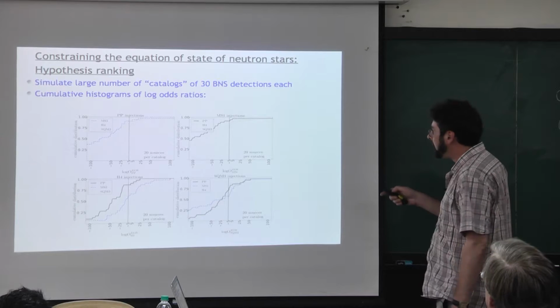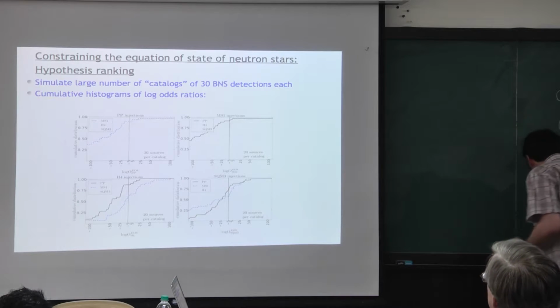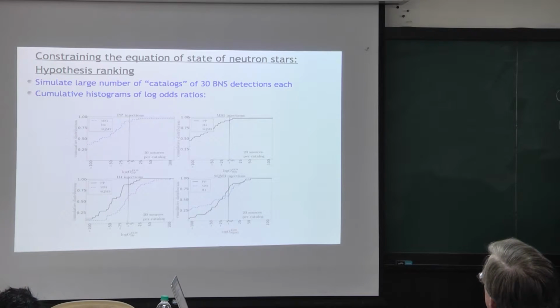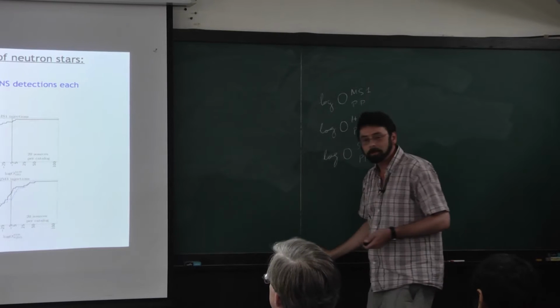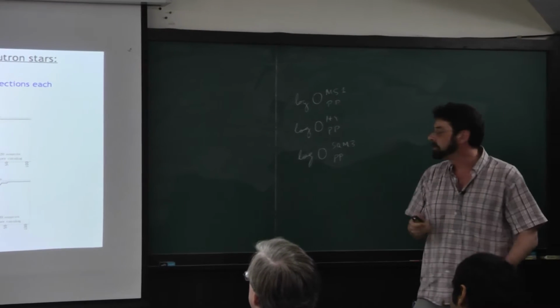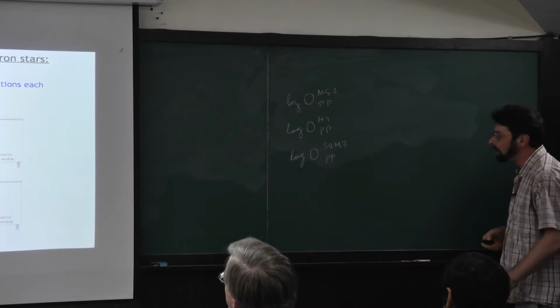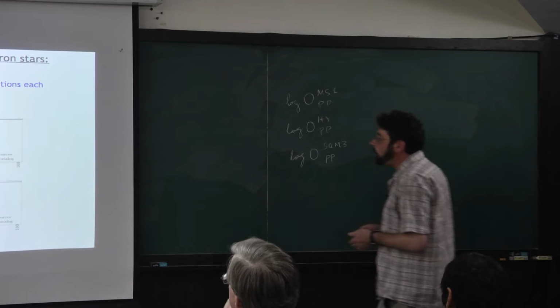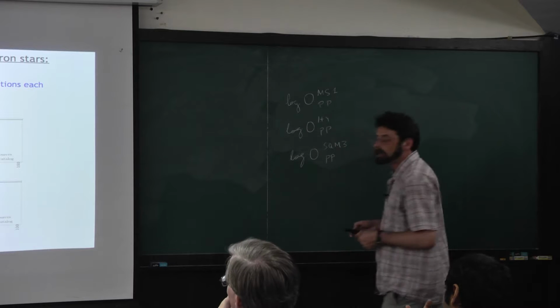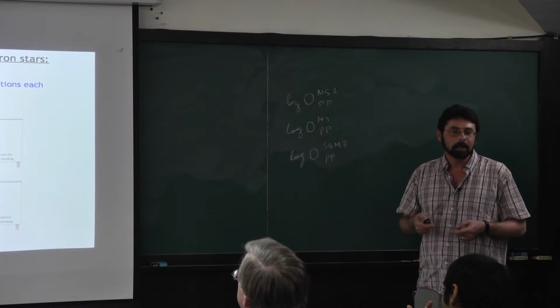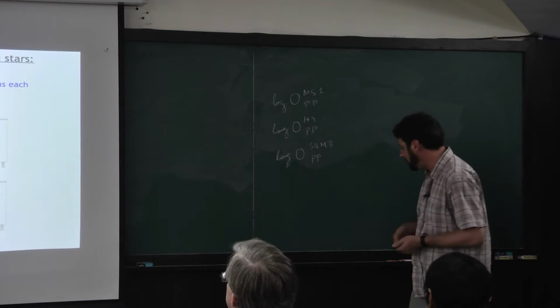By the way, what I'm plotting is not the cumulative distribution of the odds ratios themselves, but of the log of the odds ratios. Because it turns out that odds ratios often are either very small numbers or very large numbers, and not very human-sized, but the logs are. Now, because we put in the signals ourselves, we know that the equation of state in the signal is in accordance with the point particle model.